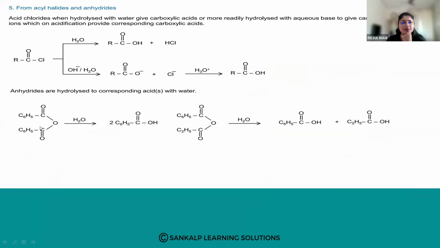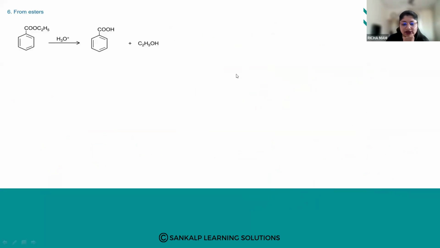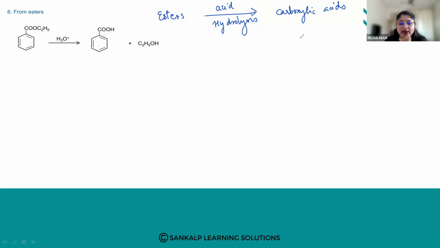Next is from esters. When esters are there, these esters will undergo acid hydrolysis to give directly the carboxylic acids.